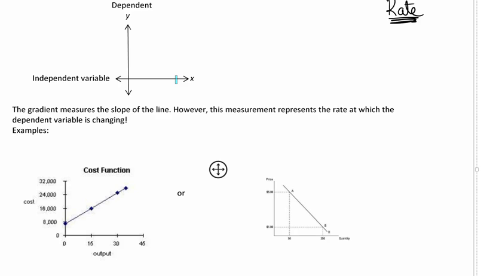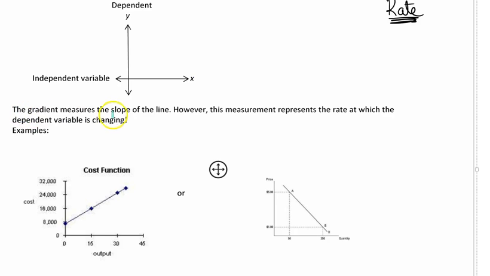Really important that you get those two names sorted because you're going to see them written, and you need to be associating the words independent and dependent with the appropriate axis, with the appropriate letter in the formula, etc.